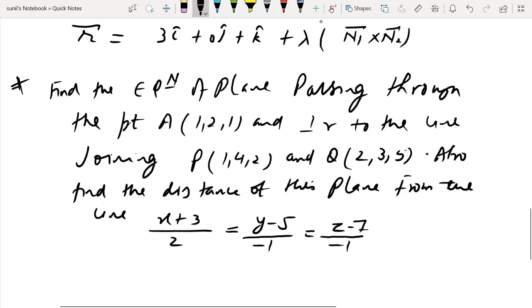Now let us understand what exactly the question is. We have to find the equation of a plane which passes through this point A and is perpendicular to the line joining this.